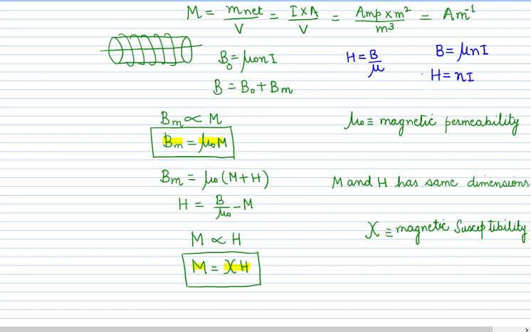So for a solenoid, if you want to know the magnetic field intensity, then H is equal to N i. Whenever we place a magnetic material inside this, then B is equal to mu N i and H is equal to N i for a solenoid. See, it is that easy to calculate if you know the formula.